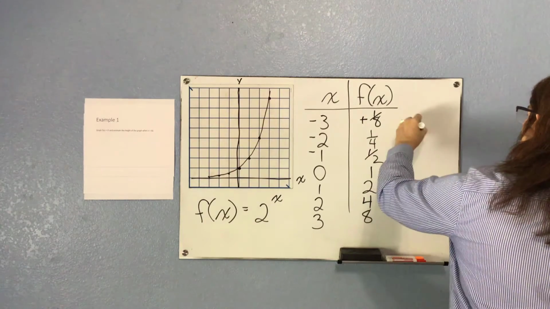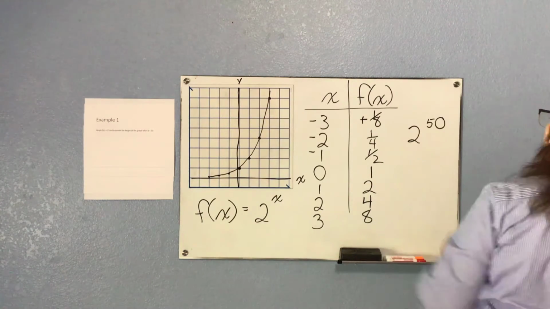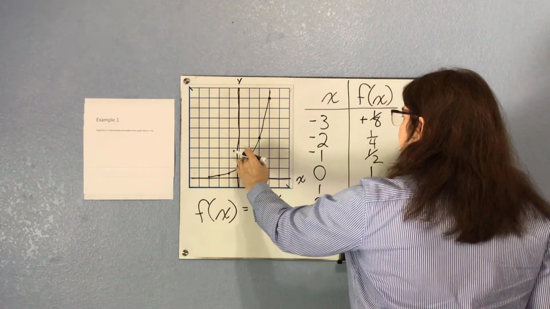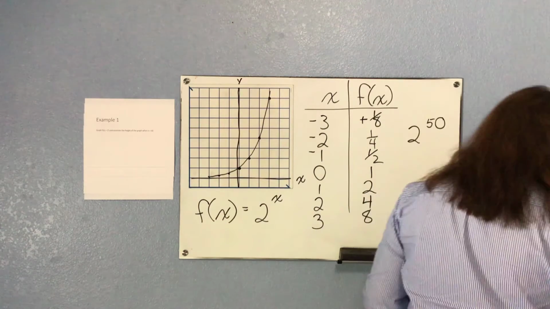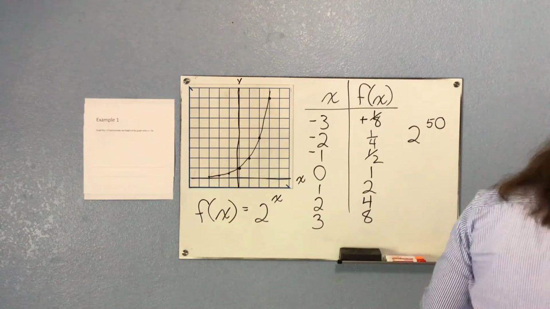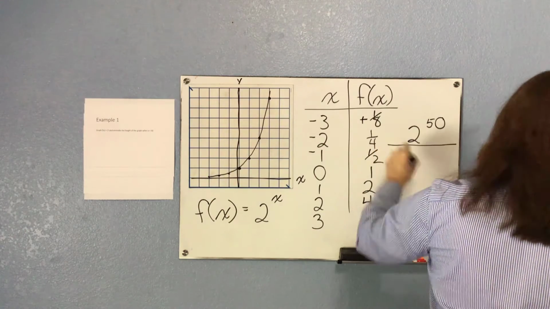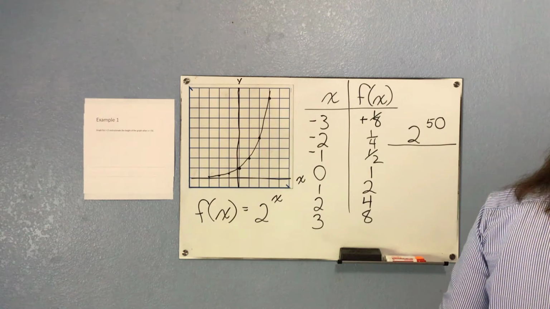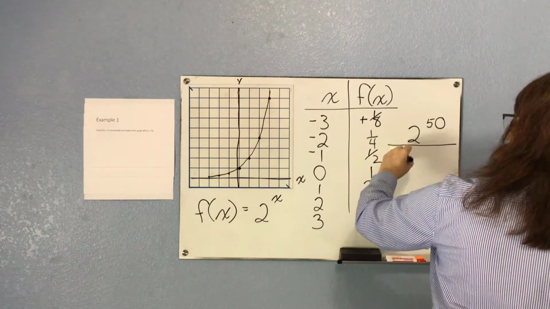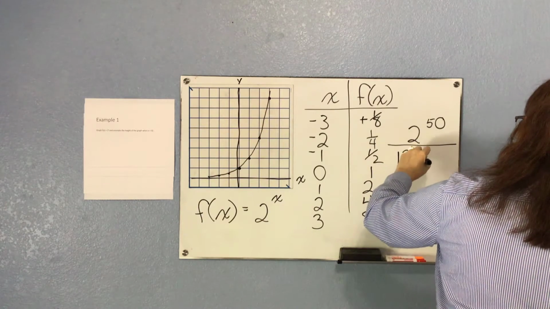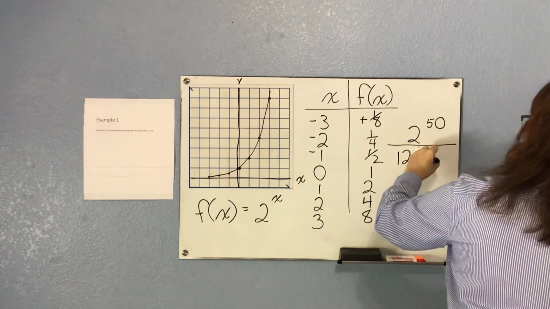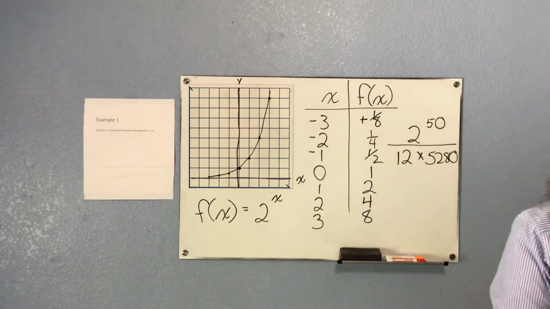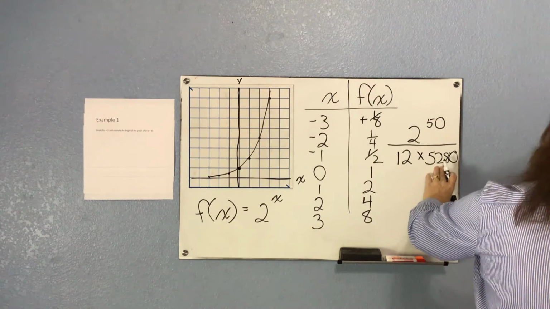So if I had 2 to the 50th power, if each of these is 1 inch, I would have 2 to the 50 divided by 12 inches to the foot, and 5,280 feet to the mile.